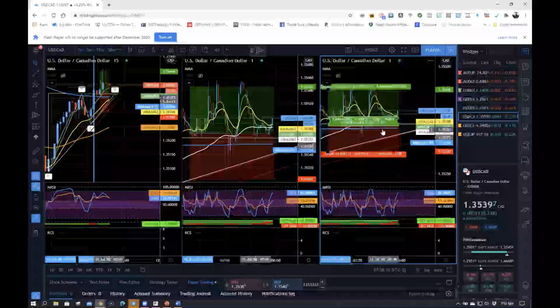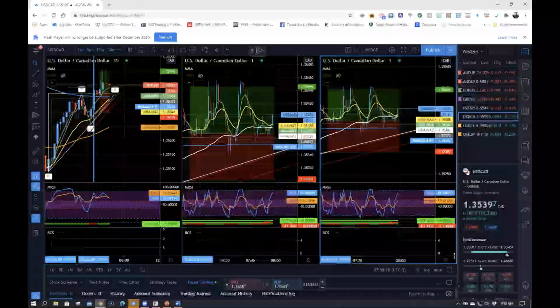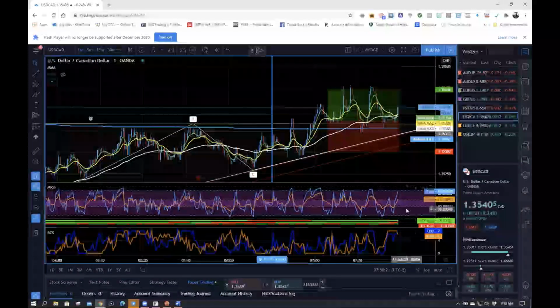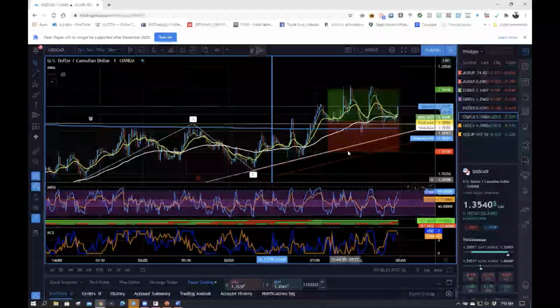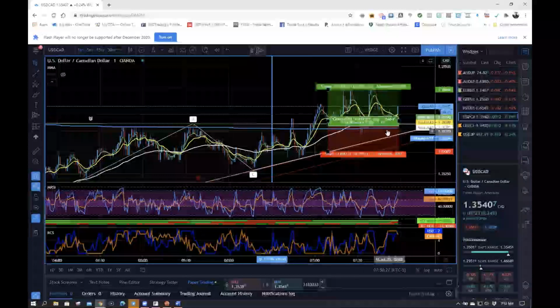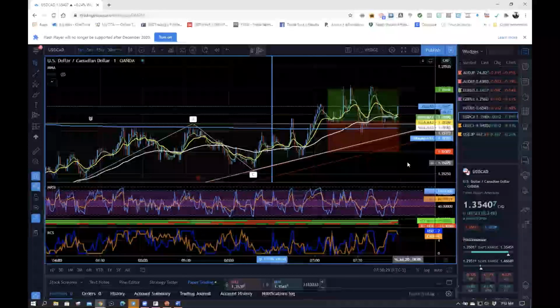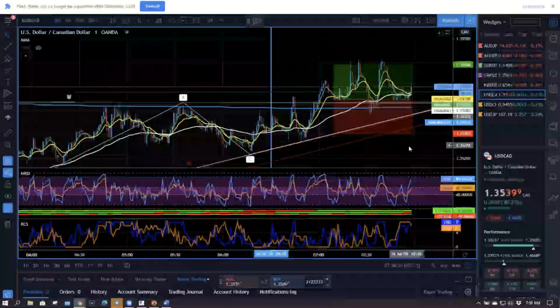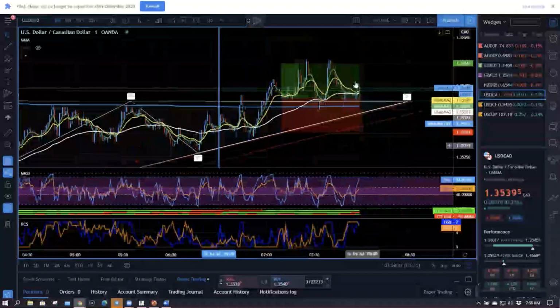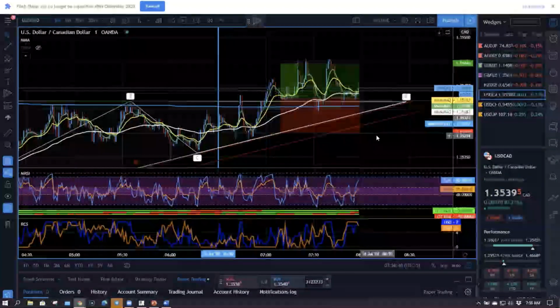I got in again right here. So let me blow it up. My aggressive early entry was back here, and then I got in again right here, and then I got in again right here. I'm watching this one a little. The nice thing is my stop's now below the wedge, so it's not a big deal.